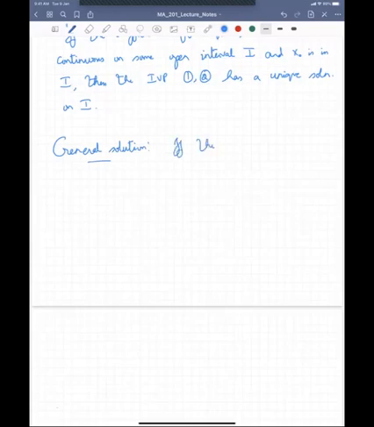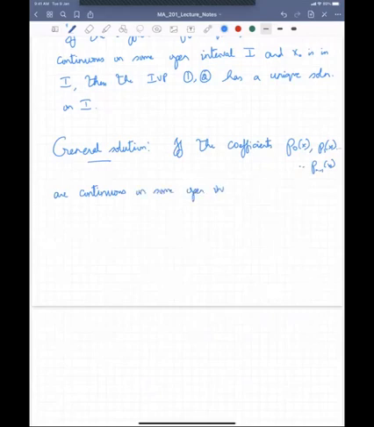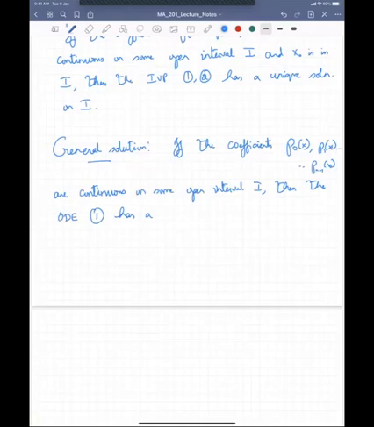If the coefficients p0, p1, etc., all the way till p_{n-1} are continuous on some open interval, then the ODE 1 has a general solution.